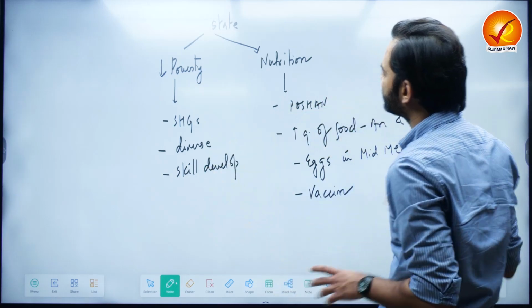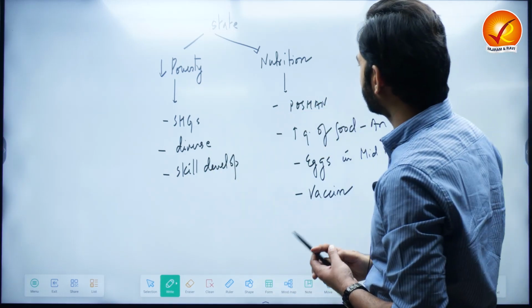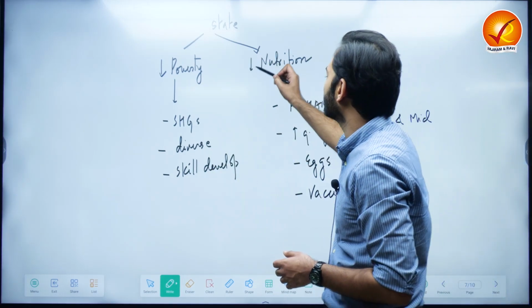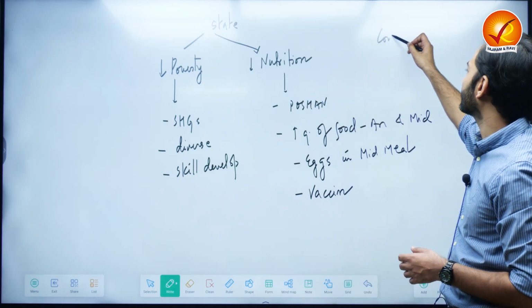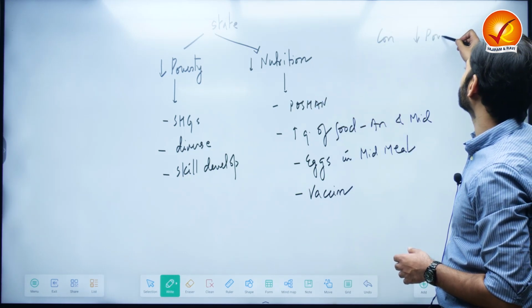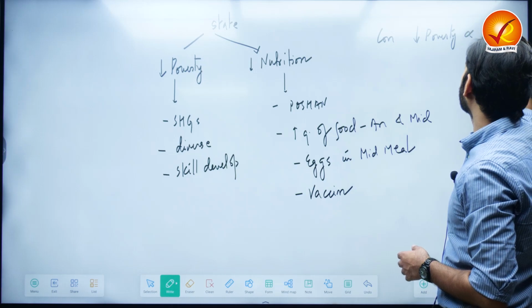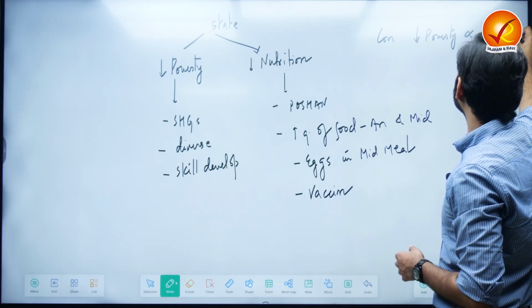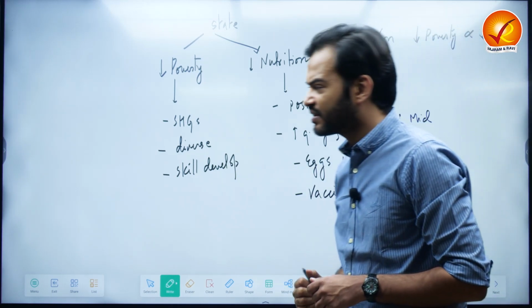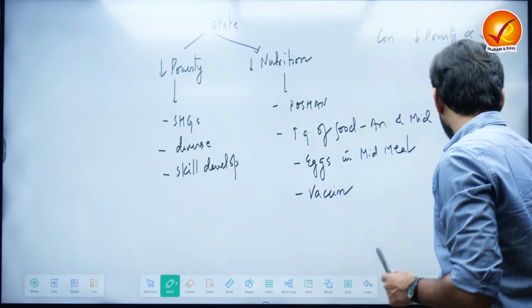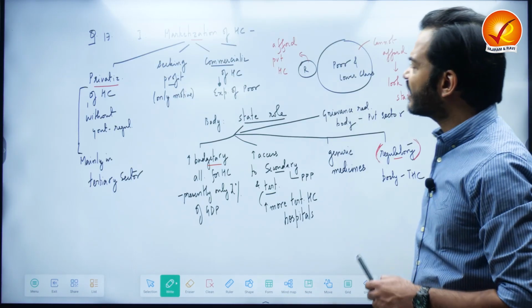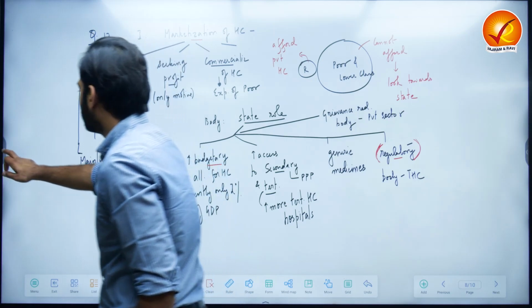Divide it into two parts: how to reduce poverty and how to reduce malnourishment. And then you can conclude by saying that if poverty reduces, there will be a direct impact on reducing malnutrition. You can state like this. So that is your question number 6. Then the next question is question number 17.